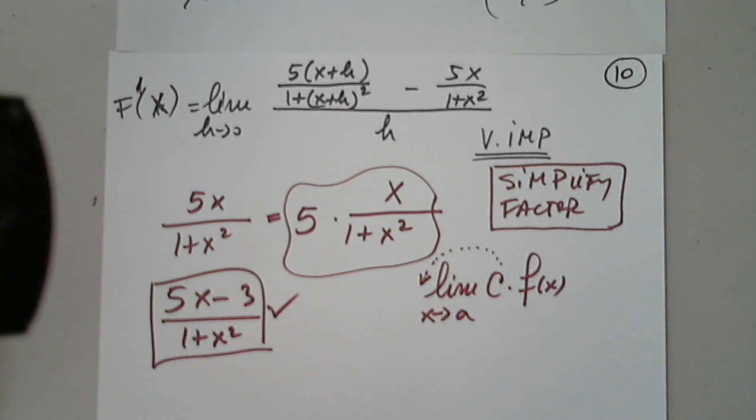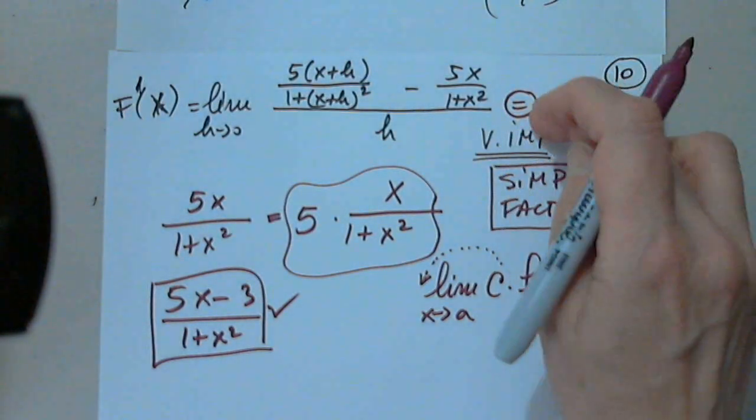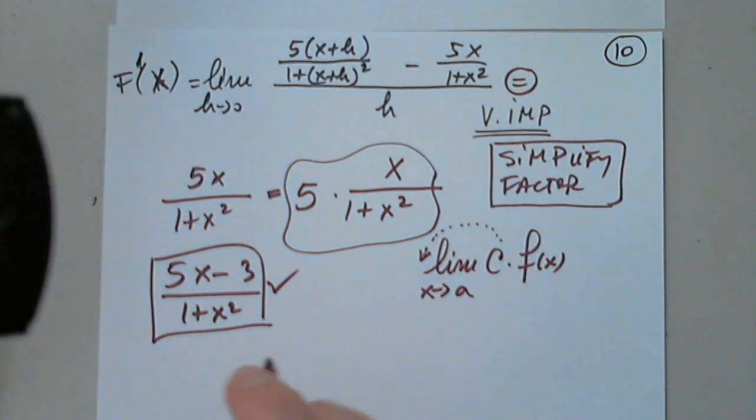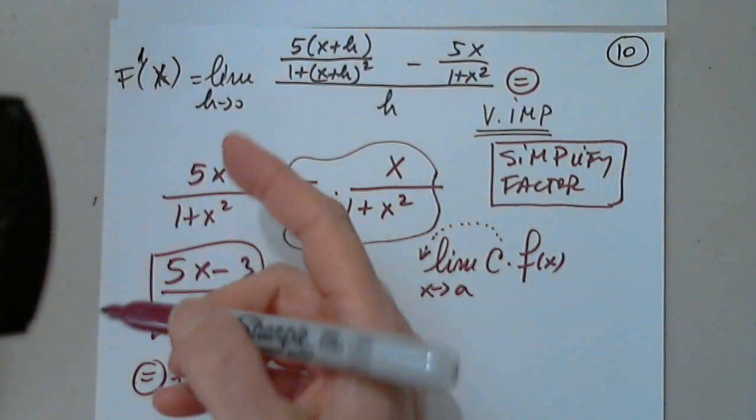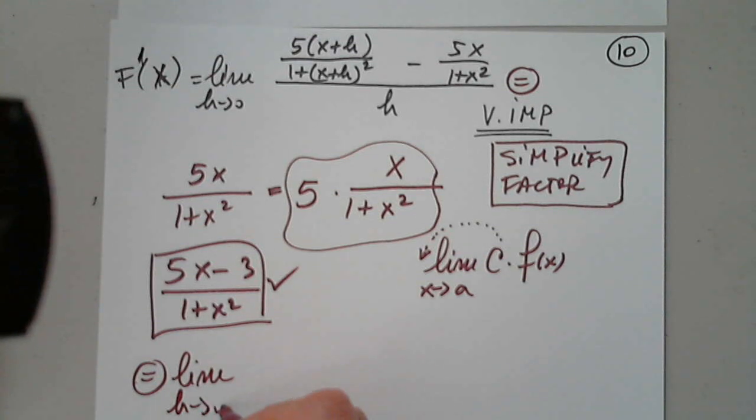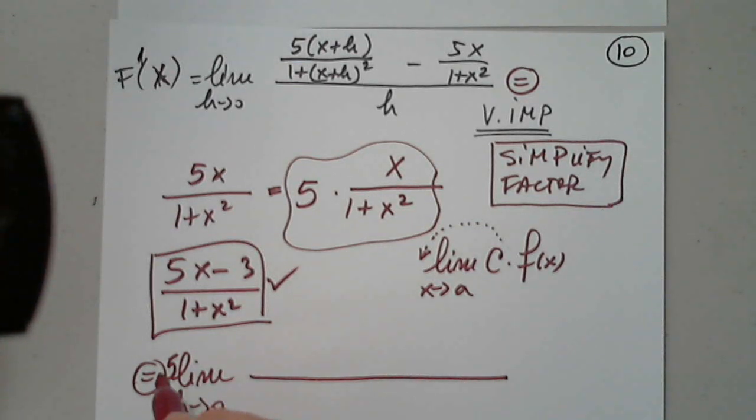And this is what I'm going to do. So from here, jump over all this explanation and go here. Of course, I cannot drop the limit operator, but I put a 5 in front. And then I continue. Okay? So please remember, this is so much easier if you take it out.